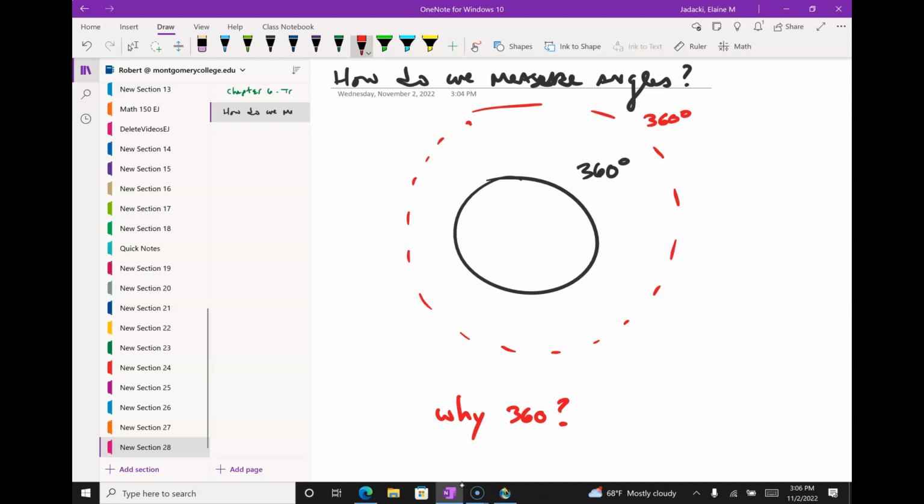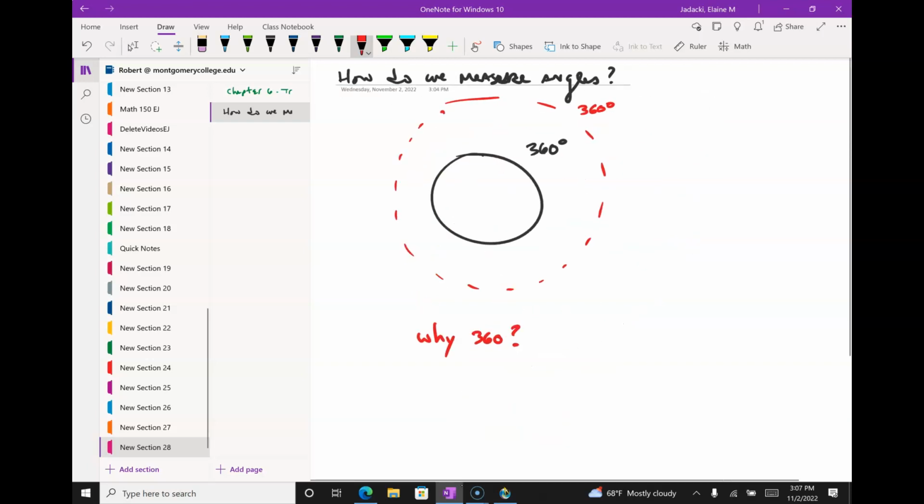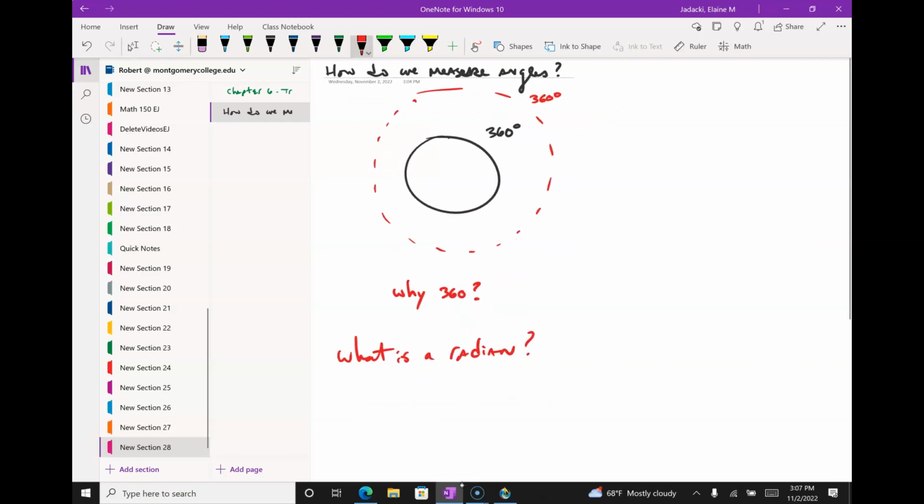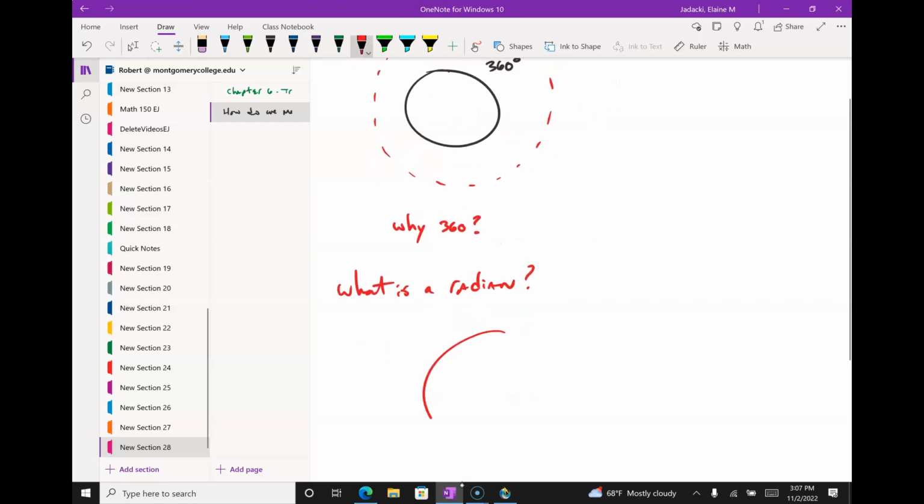So the size of the circle doesn't matter. Any size circle, but we're going to try and use a circle of radius 1, the unit circle, most of the time, because everything's easier to understand in that case. But what is a radian? Well, what is it related to?